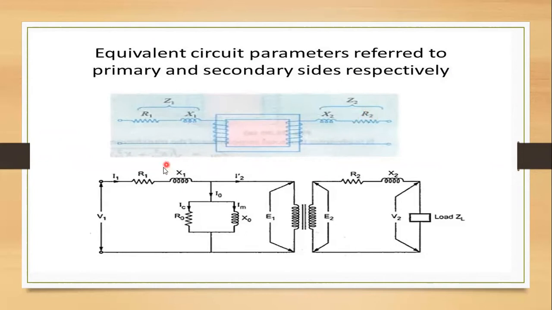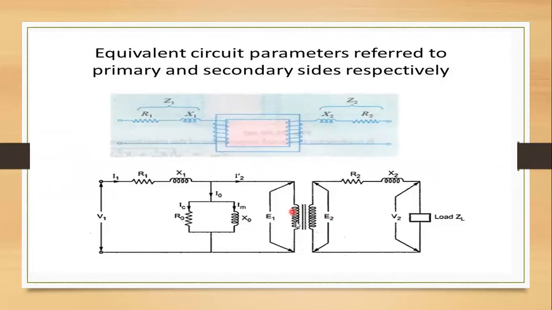Here R1, X1 are the primary side resistance and primary side reactance, and R0 is the resistance of the core of the transformer, along with the magnetizing reactance of the transformer core. V1 is the supply voltage, E1 is the induced EMF, and E2 is the secondary side induced EMF.